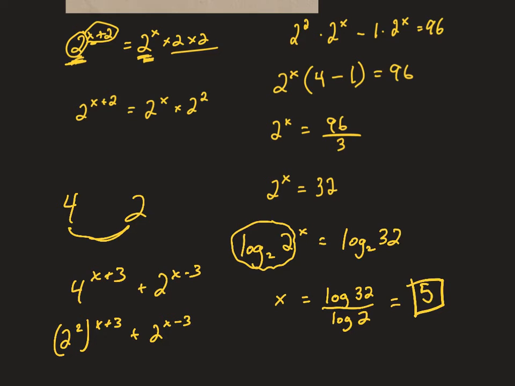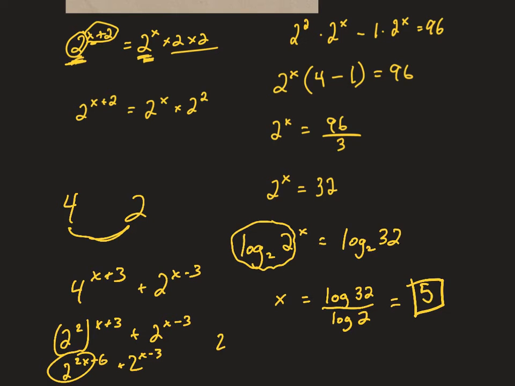And then this is going to be 2 to the 2x plus 6 plus 2 to the x minus 3. And you just keep working that way.